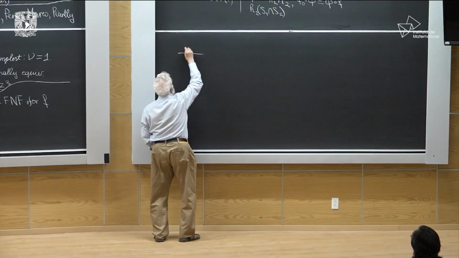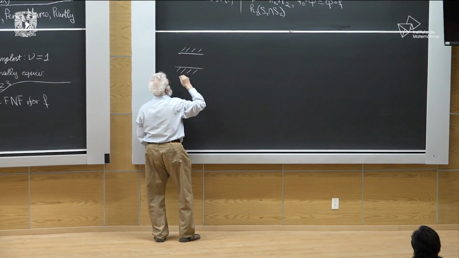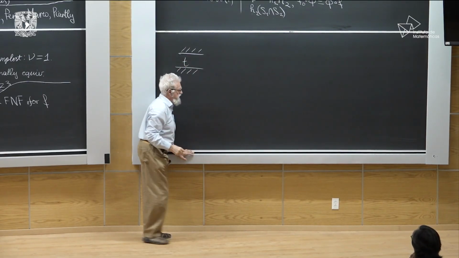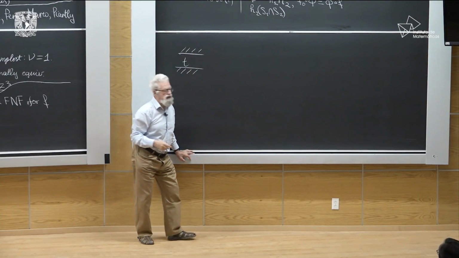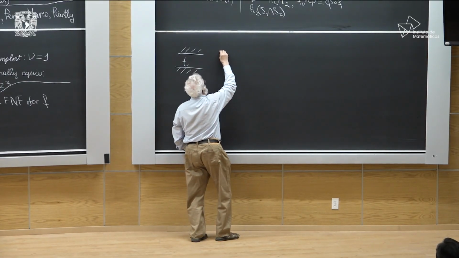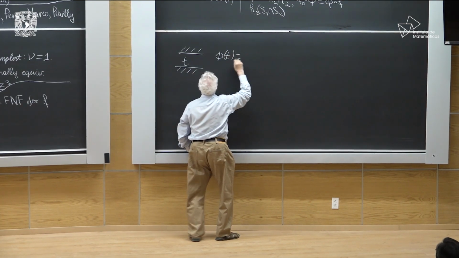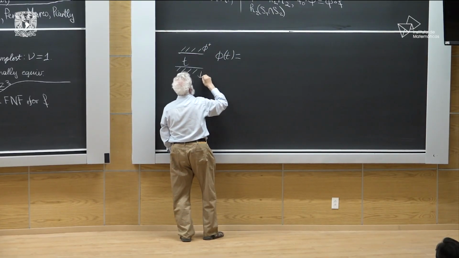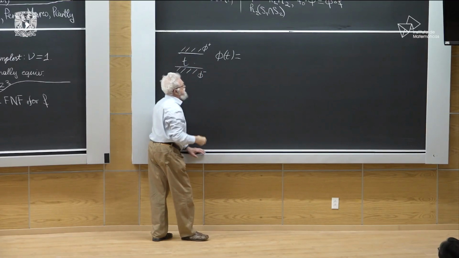And in an appropriate coordinate t, which is close to -1 over z, phi of t equals t plus a constant. First of all, it is defined in two domains, and they are the upper and lower half planes in t.